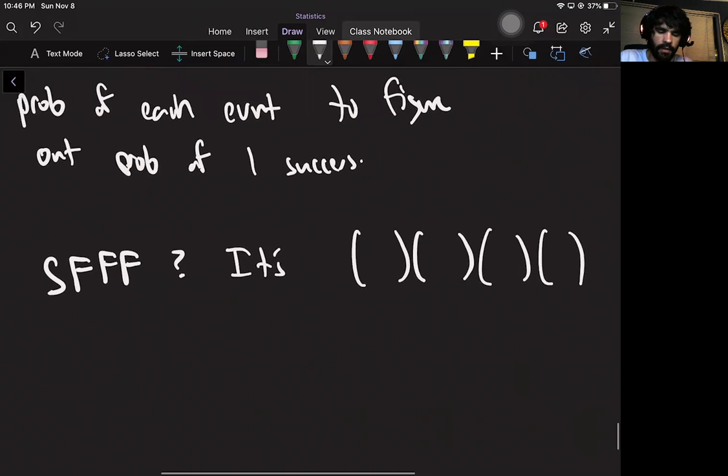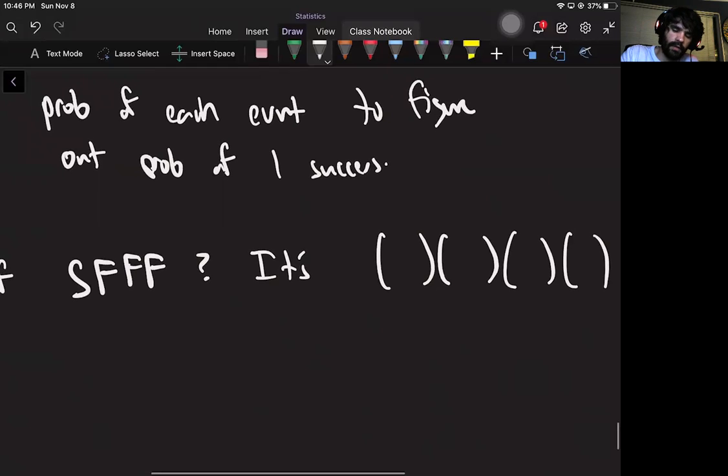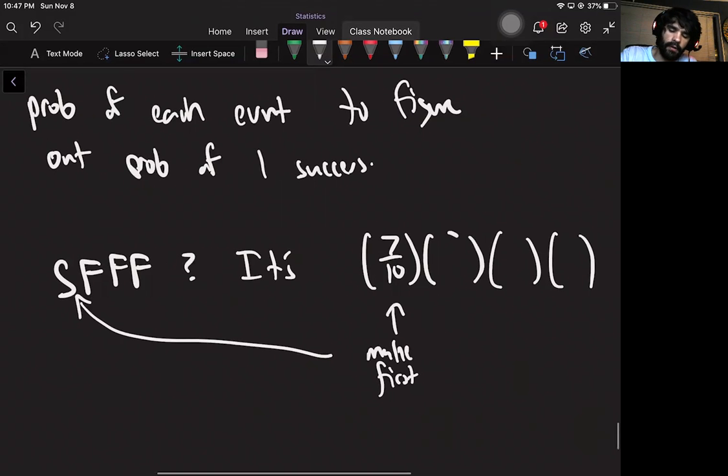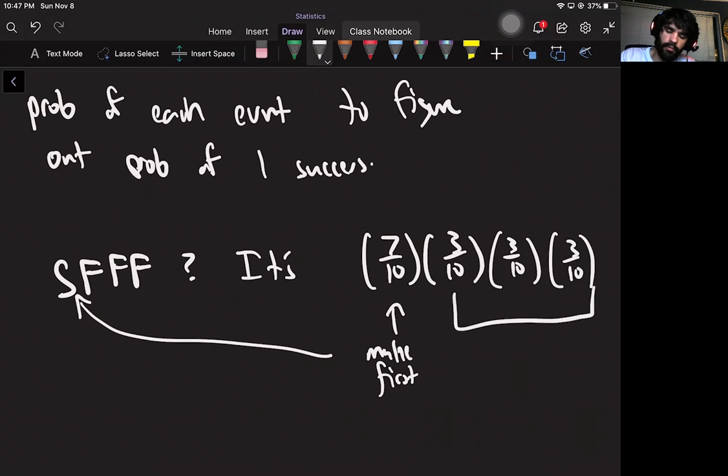So what's the probability of success? From the beginning of this problem, it was 7 out of 10. So this is saying that I make the first, that's what that S was standing for. And then what was the probability of failure? That was 3 out of 10. So those are then fail 3.